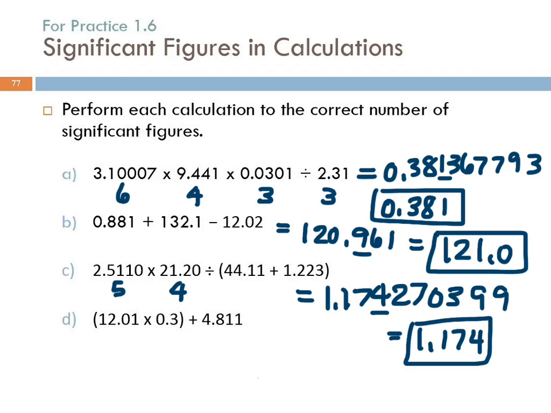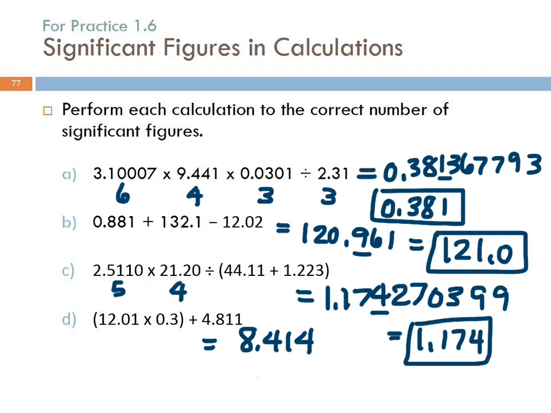Let's look at this last one. 12.01 times 0.3 plus 4.811. Calculator says 8.414. It's tempting to look at these and say, oh, well, this one only has 1 sig fig.